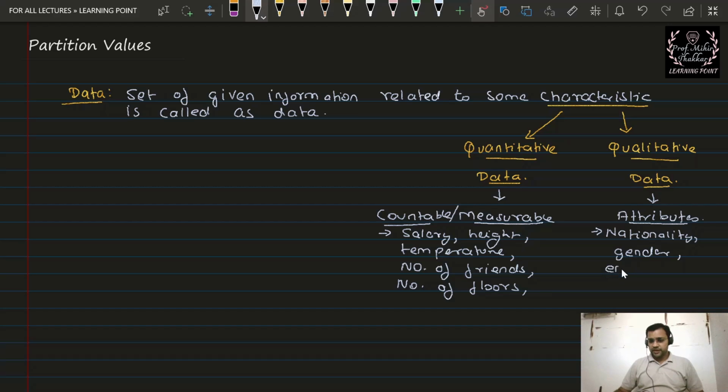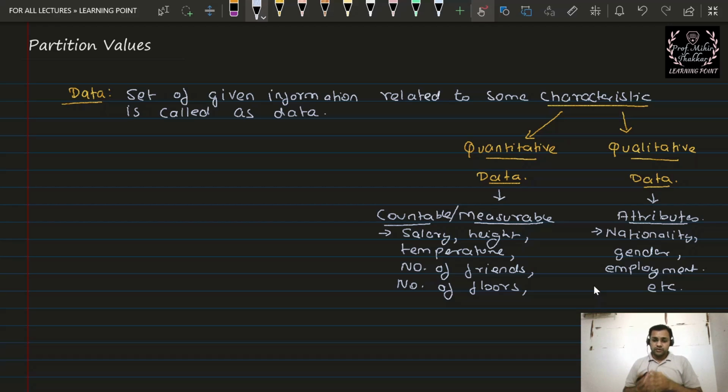It can be the employment. Means those characteristics which you cannot count or which you cannot measure, they come under attributes or qualitative data because they are the qualities. You are an Indian, you are an NRI, so that is your quality. You are a male or a female, is a quality.